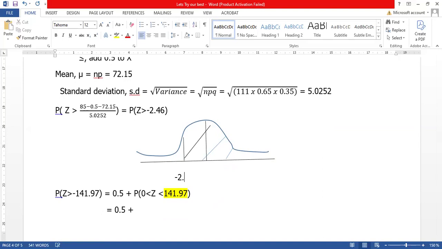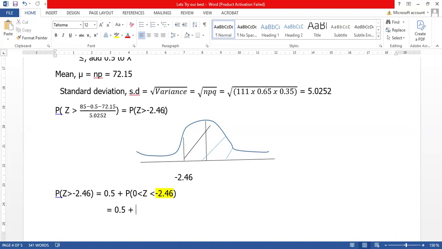Then this is 2.46. Well, I'm getting 85 minus 0.5 minus 72.15 divided by 5.0252.